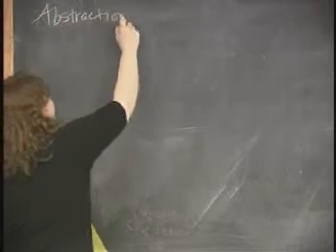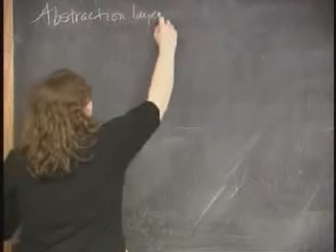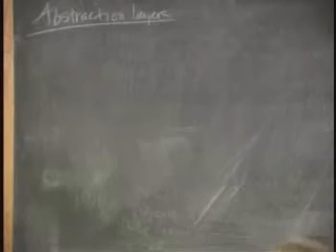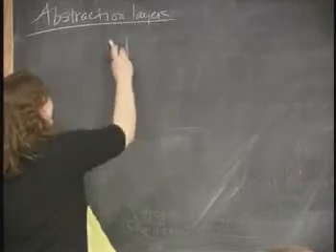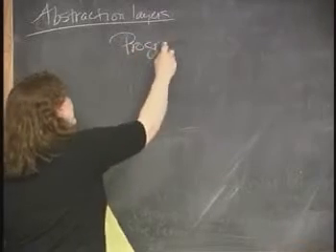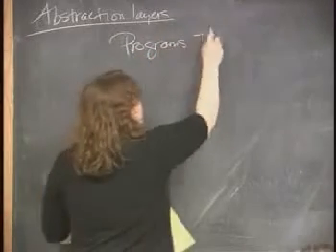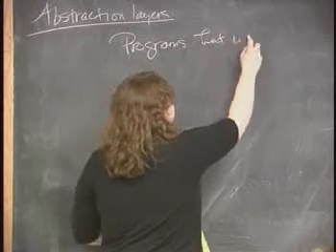Okay, so here's our abstraction layers. And remember, at the bottom of it all is just me sitting in the back room. So here we have programs that use complex numbers.